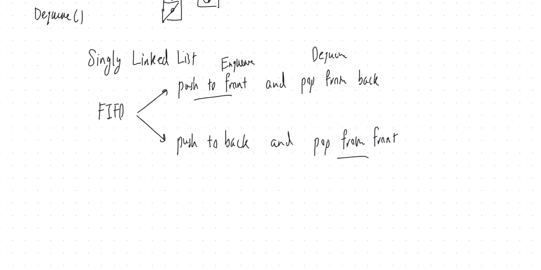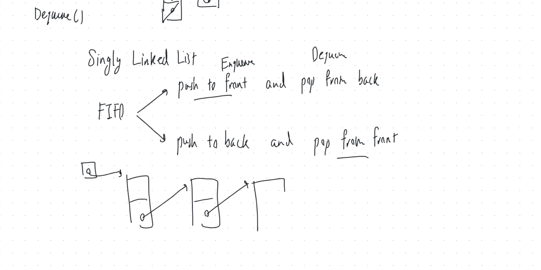But pushing or popping from the back is the one that is problematic in terms of the running time, because you have the head pointer, and it's a singly linked list. So let me start with an example. Here is the place that we need to be careful. We have a tail pointer that points to the last node.